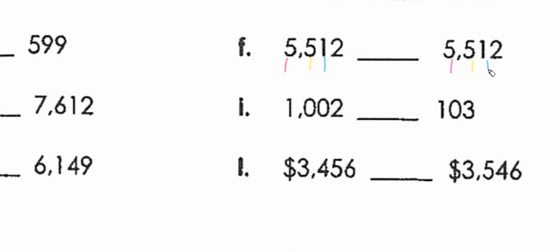So far, the numbers are equal to each other, right? And then lastly, I have a 2 and another 2 in the ones place. So in this case, is 5,512 less than, greater than, or equal to 5,512? Look, all the numbers are the same. So in this case, for letter F, my sign is equal to.